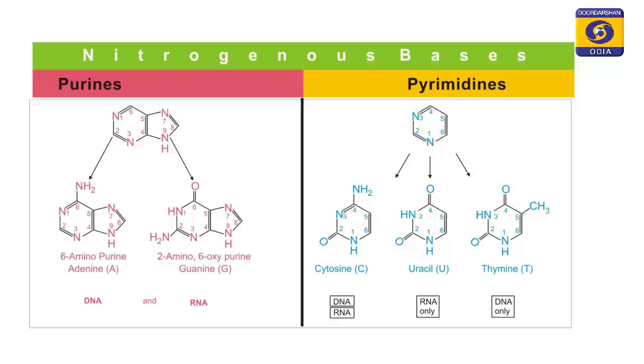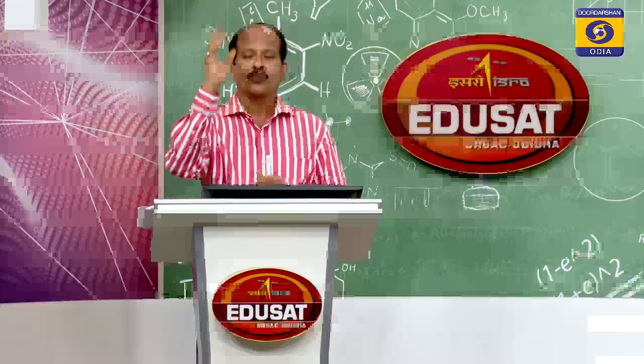So, purines are double ring structures and they are adenine and guanine. Pyrimidines are single ring structures, they are cytosine, thymine and uracil. DNA has adenine, guanine, thymine and cytosine, whereas in case of RNA, thymine is replaced by uracil, this we know.